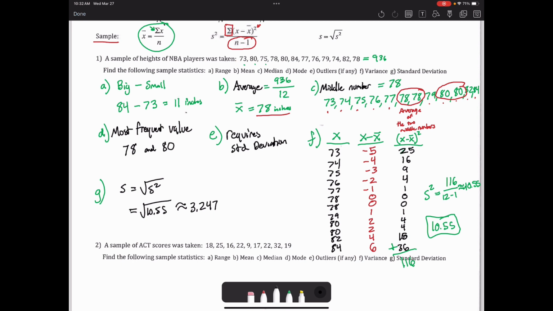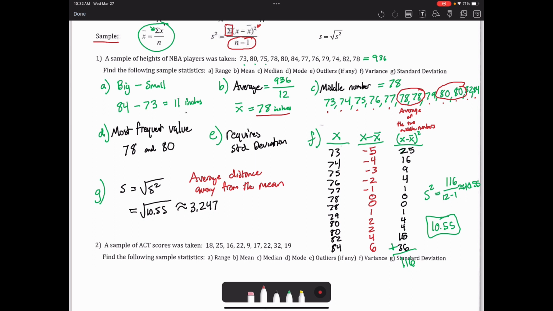What is the standard deviation? Well, this standard deviation is a little bit easier to understand. This is my average distance away from the mean. So on average, my data values are about 3 inches away from what the mean is.